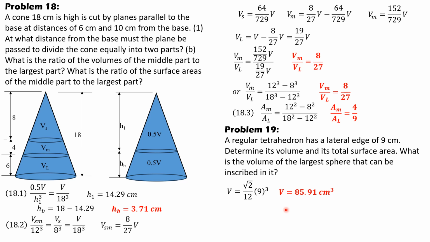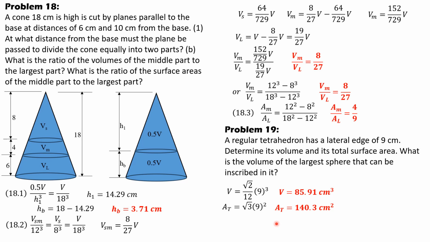The total surface area is 4 times the area of an equilateral triangle. The area of an equilateral triangle is square root of 3 over 4 edge squared. Times 4, the total surface area is square root of 3 e squared, square root of 3 times 9 squared, and that is equal to 140.3 square centimeters.